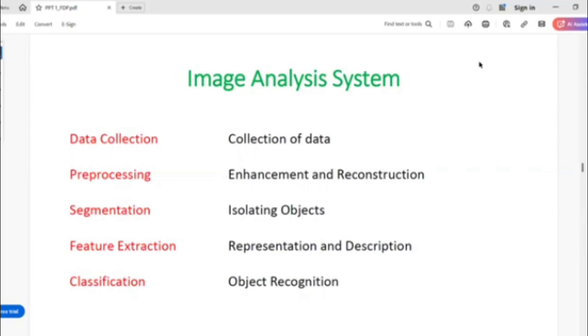One of the fundamental techniques in deep learning for isolating these objects is GANs. At the end, once the data is pre-processed and ready, the final objective is object recognition, which is nothing but classification.